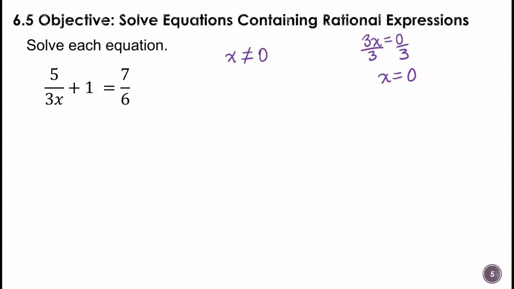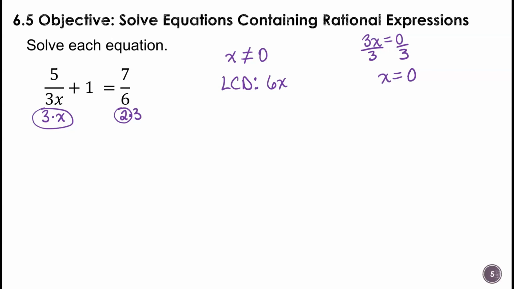And then for your common denominator, you take 3x and 6, and that's going to be an LCD of 6x. Okay, so remember you can factor those to determine. That's 3 times x and 2 times 3. Circle one of them. Circle any factors you didn't already circle. Multiply to get your LCD, which is 6x.